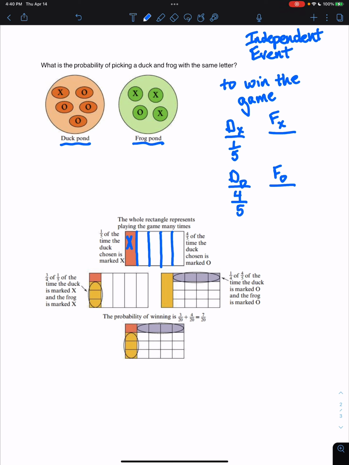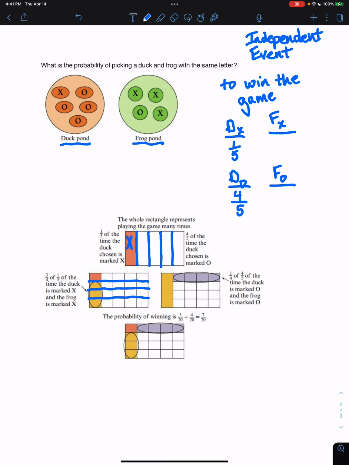Once we draw a duck, we have to draw a frog. So we're going to divide our box into 4 even slices to represent picking the frog out of the pond.